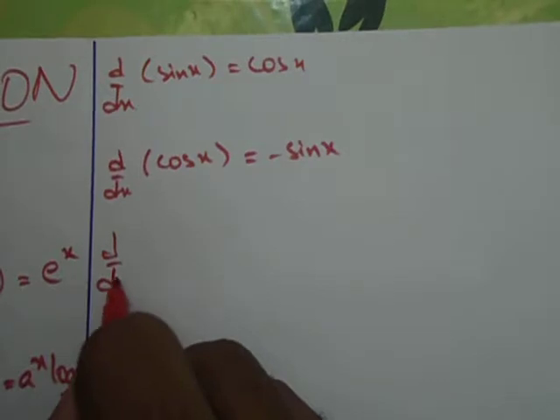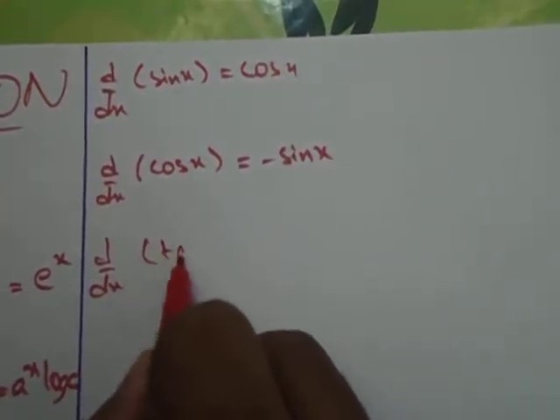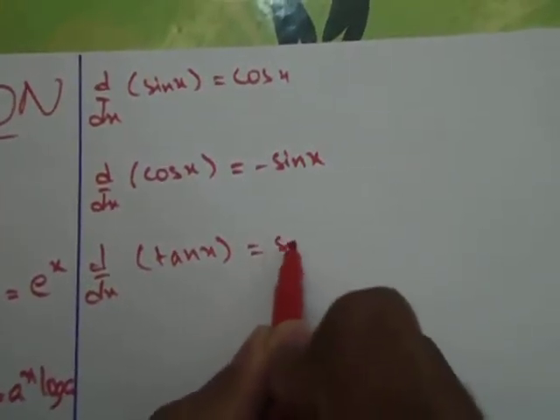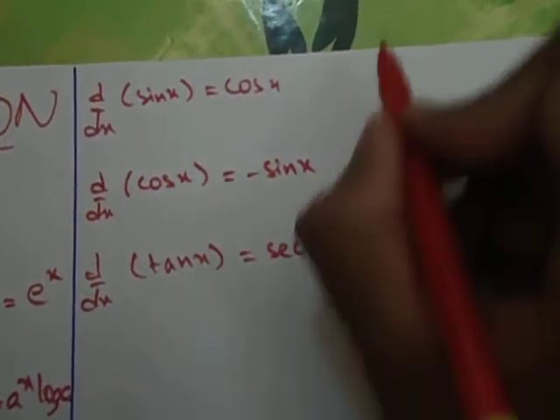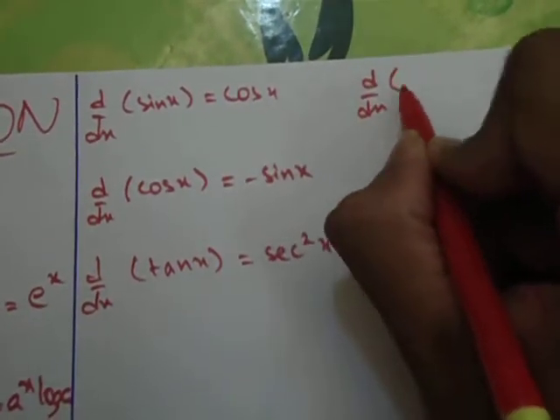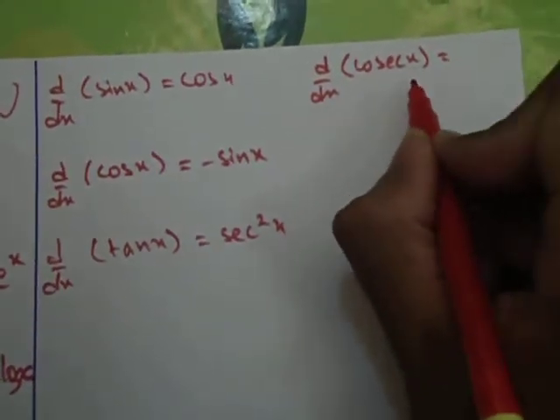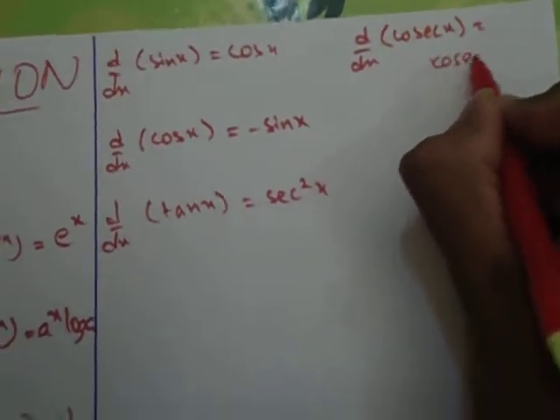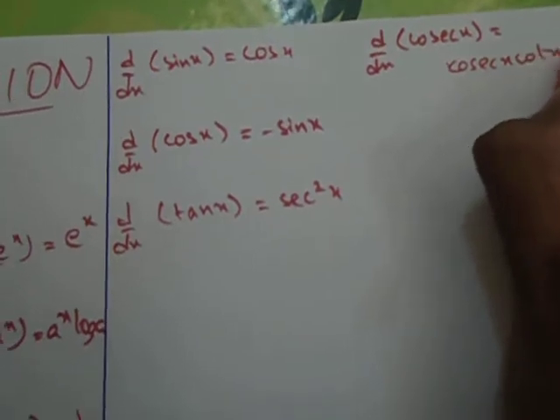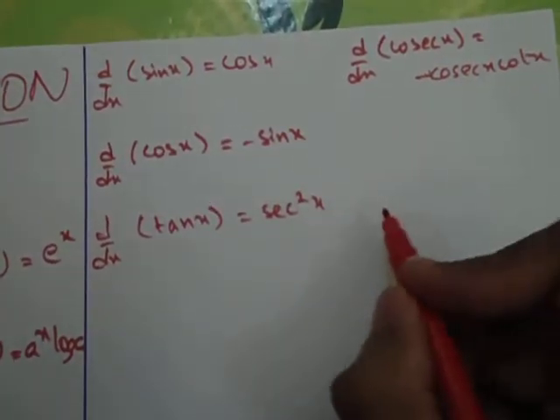D by dx of tan x is secant square x, and d by dx of cosecant x is minus cosecant x cot x.